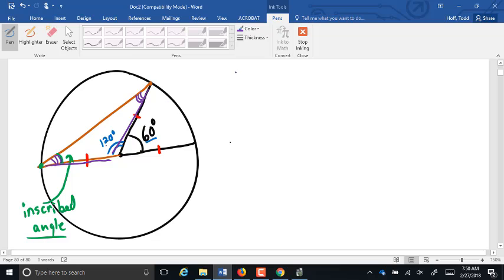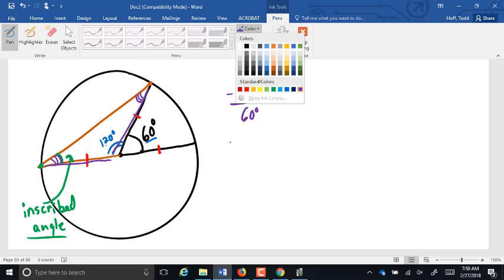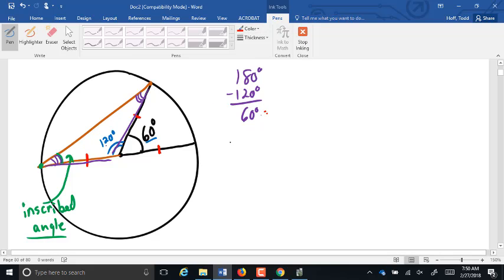So 180 minus 120 is 60 degrees. So those two angles add up to 60 degrees. They each have to be 30. And if we explore this, no matter what angle we start with here, these angles always end up being half of whatever this one is.